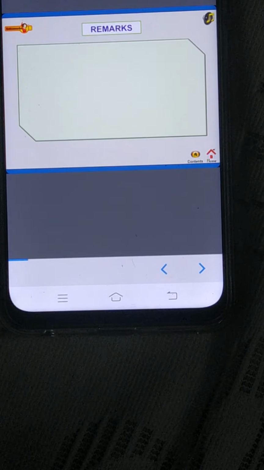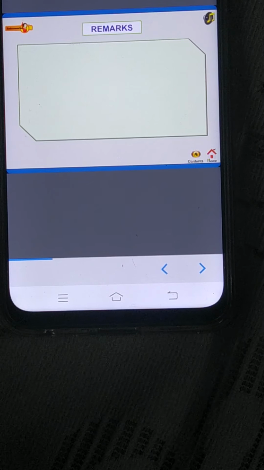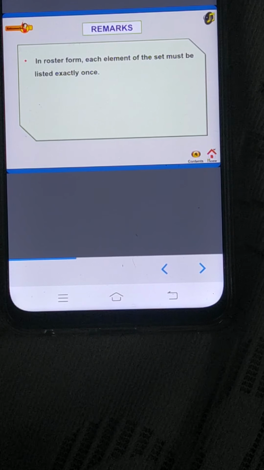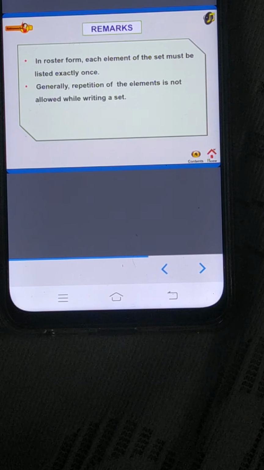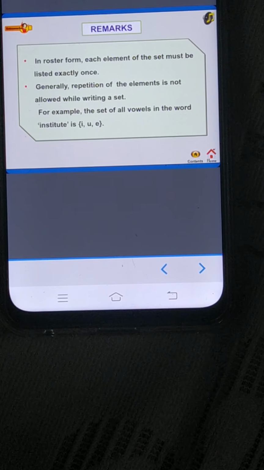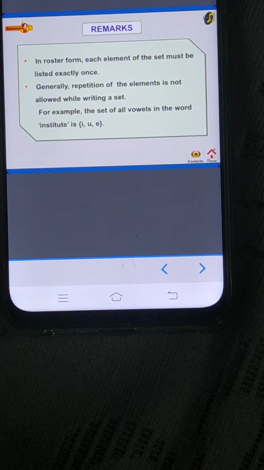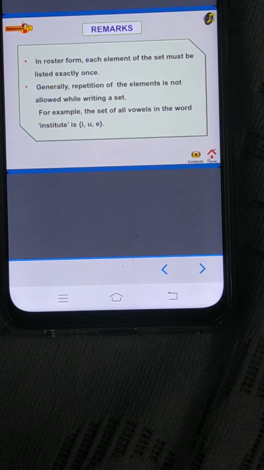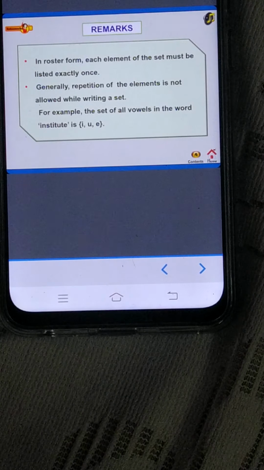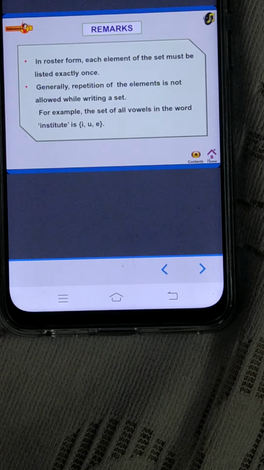There are some limitations for roster form. In roster form, each element of the set must be listed exactly once. Generally, repetition of the elements is not allowed while writing a set. For example, the set of all vowels in the word institute is braces open, I, U, E, braces closed.